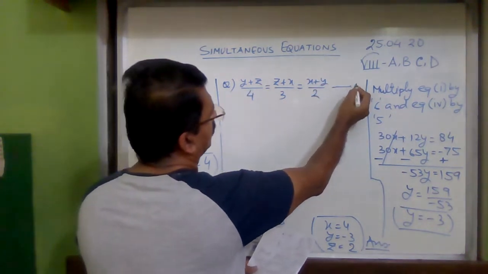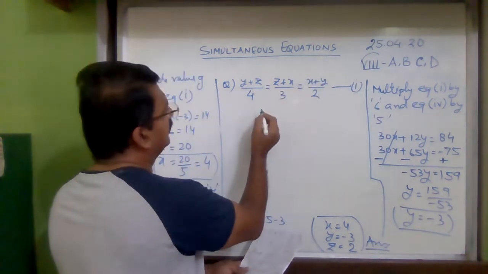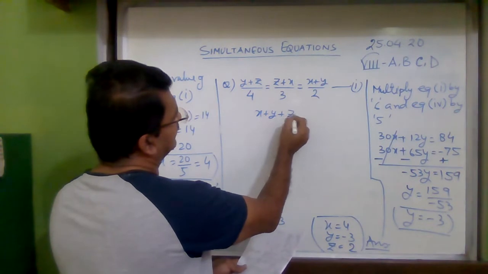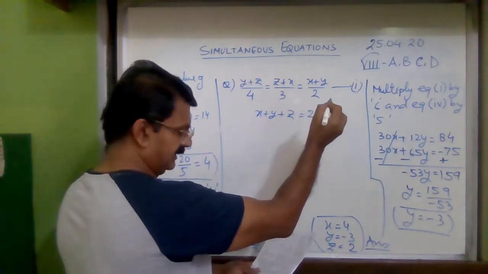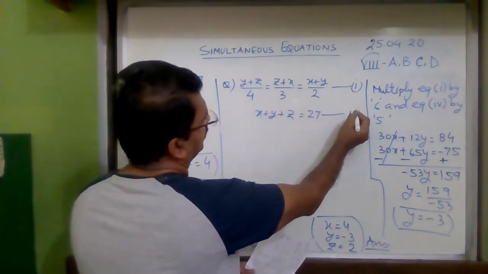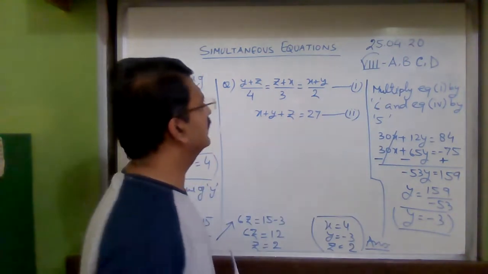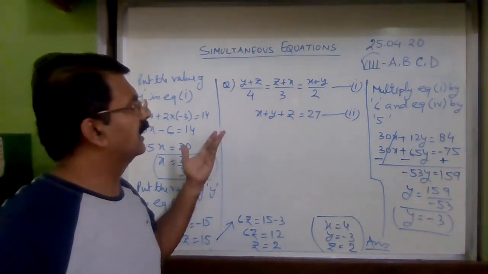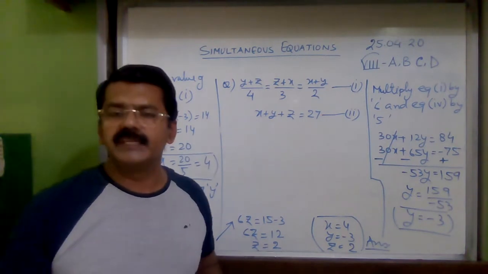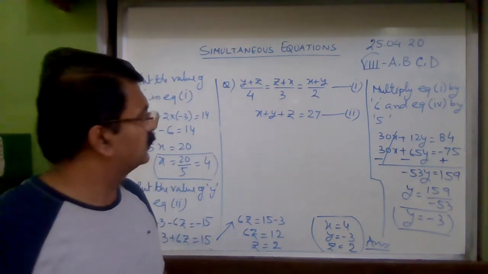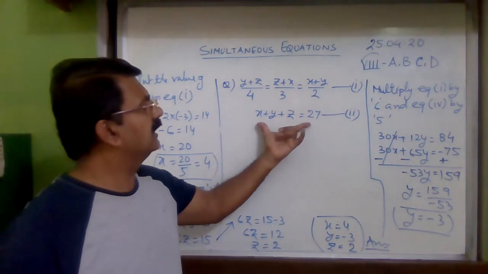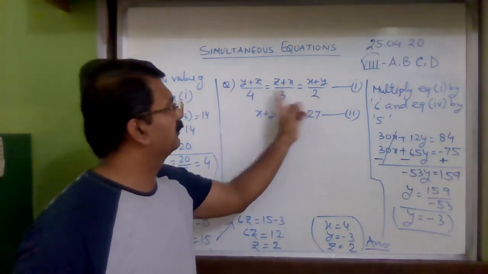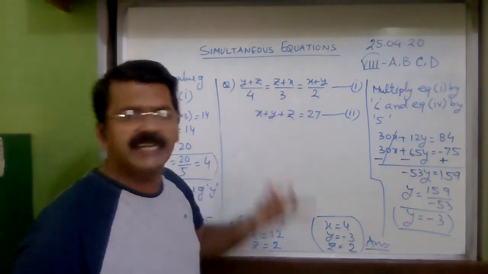This is, you can see, equation number 1, and then x plus y plus z is equal to 27. This is equation number 2. These two equations are given. As you can see, there are 3 variables, so we need 3 equations, but actually this is a single complete equation, and from this equation 1 we can easily get 2 equations.